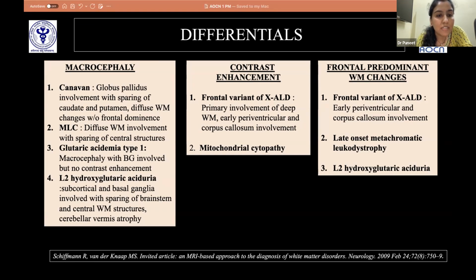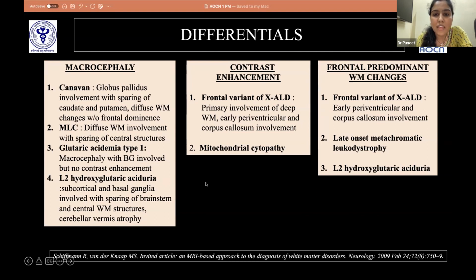In glutaric acidemia type 1, it may typically resemble macrocephaly with basal ganglia involvement, but contrast enhancement is not a feature of glutaric acidemia. In L2-hydroxyglutaric aciduria, again, the child can be macrocephalic, but here the subcortical and basal ganglia are involved with sparing of brainstem, which is commonly seen in Alexander disease.